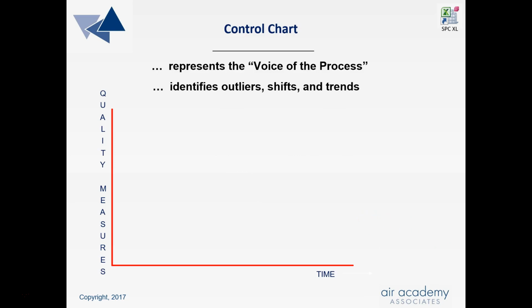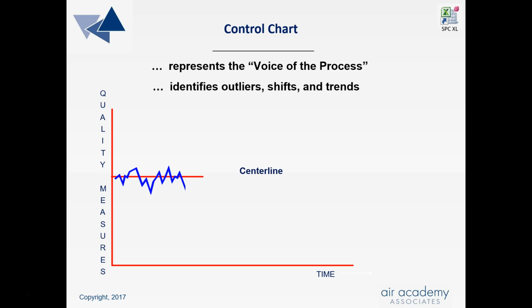Recall that the control chart represents the voice of the process and that its purpose is to identify outliers, shifts, and trends in the data over time. A control chart is constructed first by establishing a baseline set of data, typically of at least 20 data points if possible. SPC Excel then calculates the mean of this baseline data and uses that as the center line.